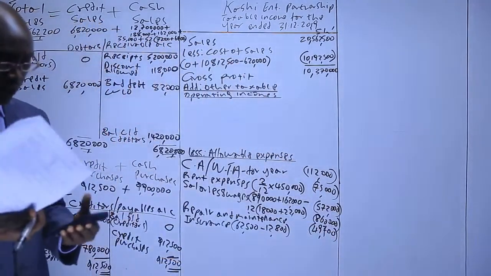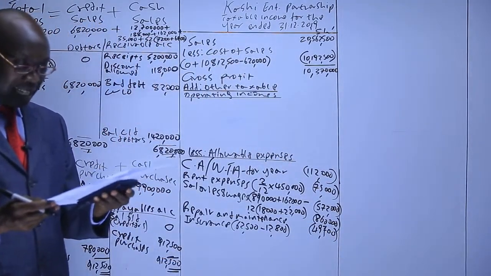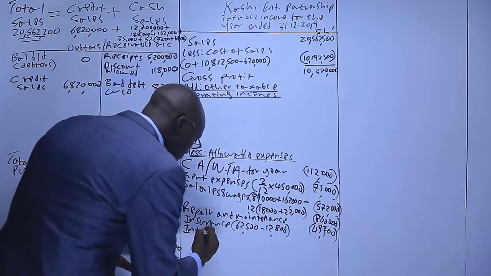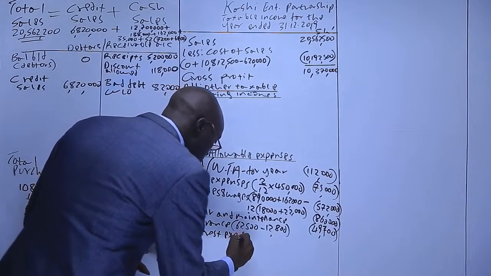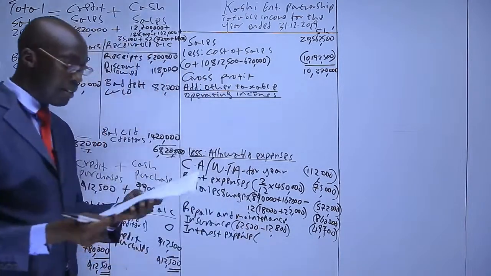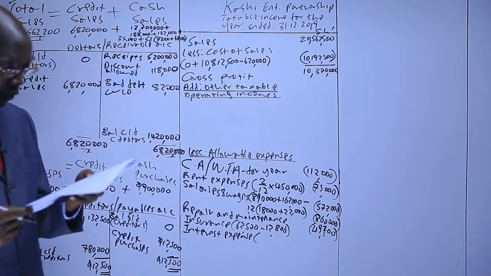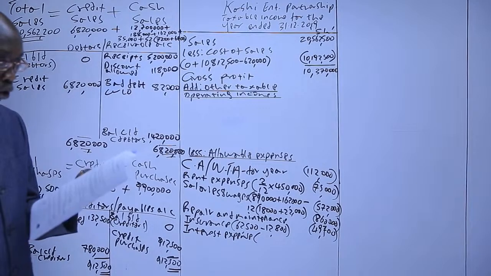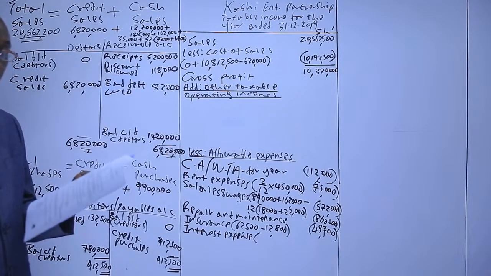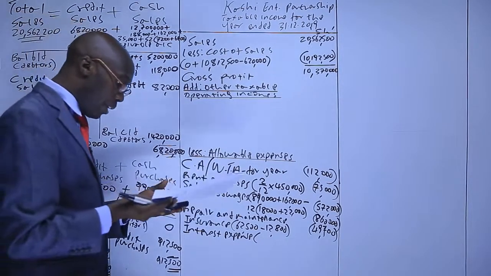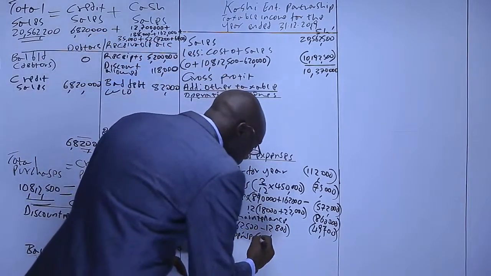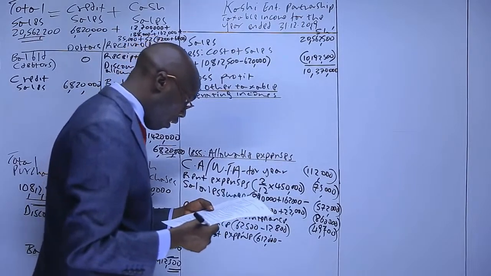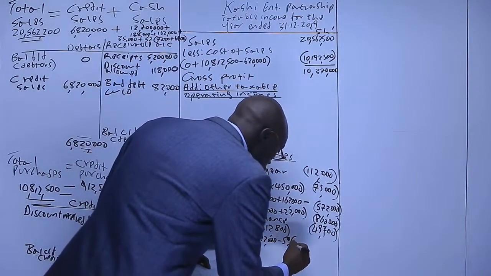After that, we go back to where we found the insurance. After the insurance, there is interest expense. Interest, we said, is allowable. But it is mentioned somewhere else. In additional information number 9, included in the interest expense is the interest on partners' capital contribution at the rate of 5%. Anything to the partners we don't allow. So we will take this interest, which is 612,000, and then we minus the one that was paid to the partners, which was 5% of the capital.